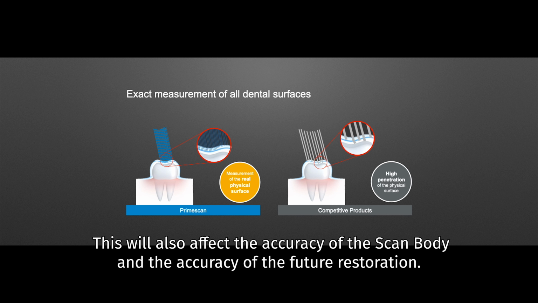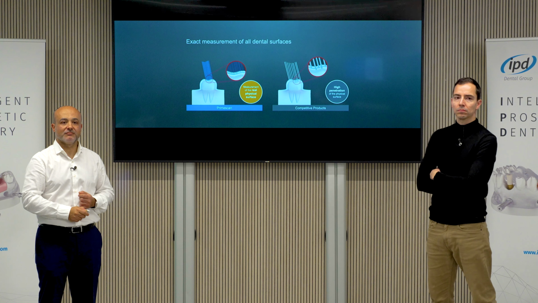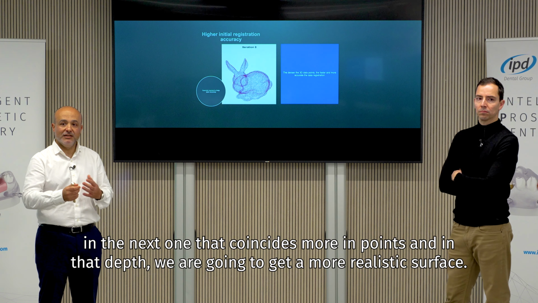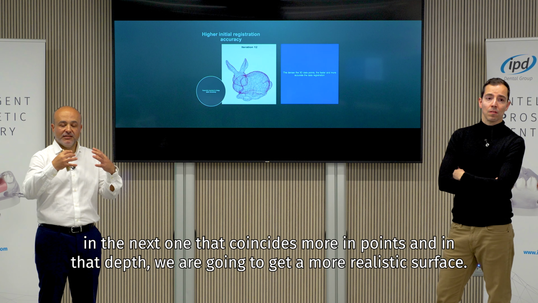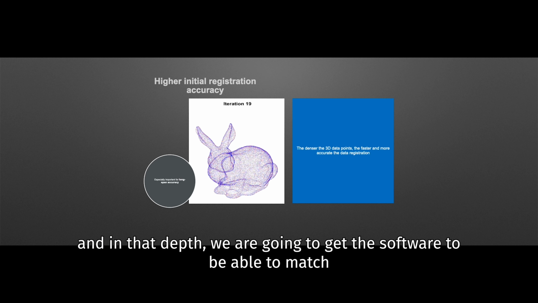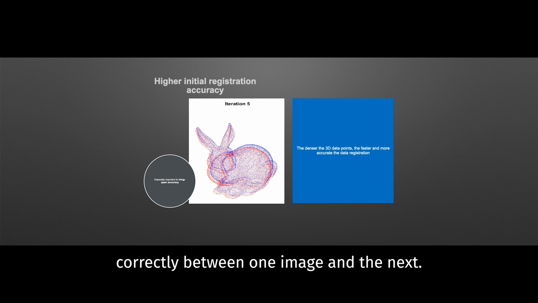This will also affect the accuracy of the scan body and the accuracy of the future restoration. And also, thanks to that number of points and that trueness, if we have an image in the next one that coincides more in points and in that depth, we are going to get the software to be able to match correctly between one image and the next.